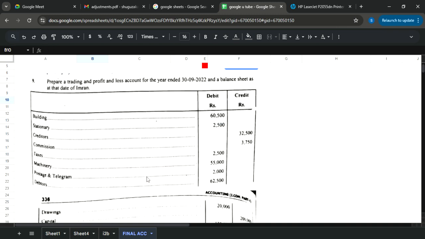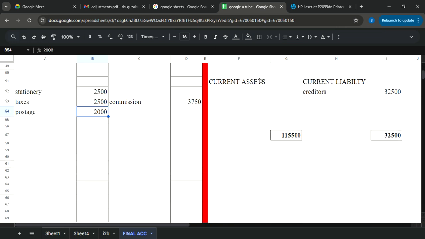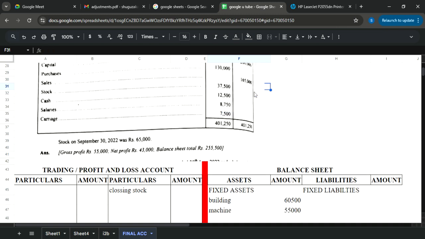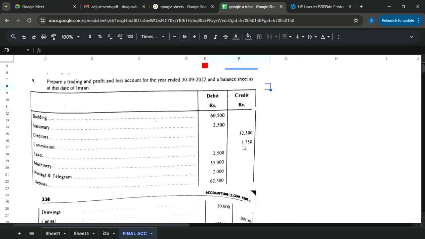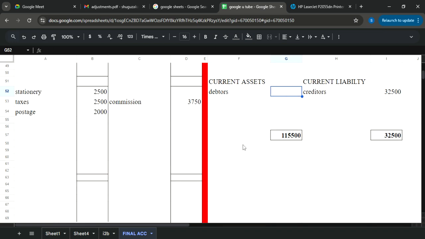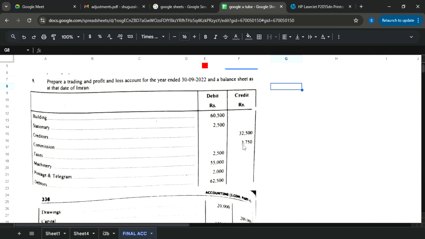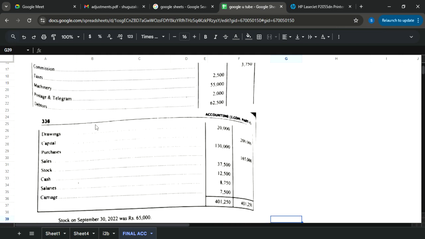Next is debtors, our current assets. Here we will come and write debtors, amount of debtors 62,500. Just write down 62,500. After debtors, next is drawings, 25,000.